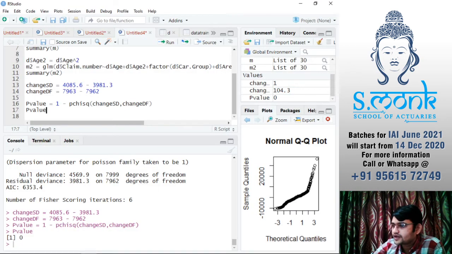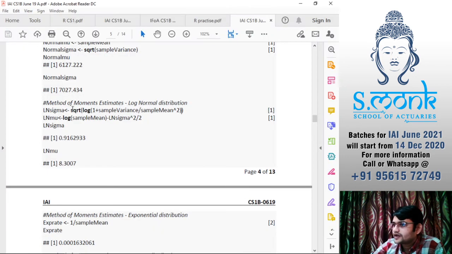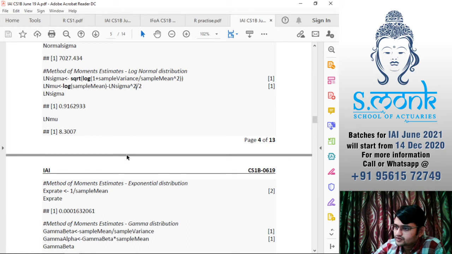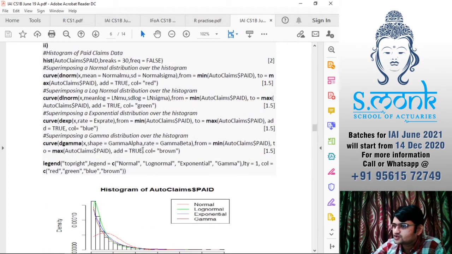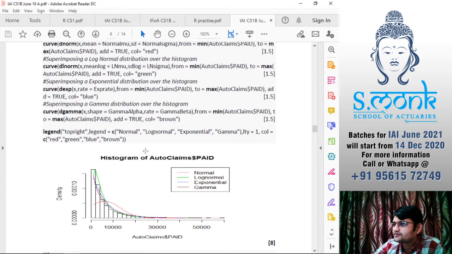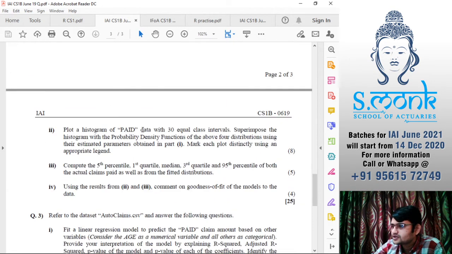They have directly taken the values here and here, log normal sigma and log normal mu. There's no simulation here. I don't think the whole question has any simulation.